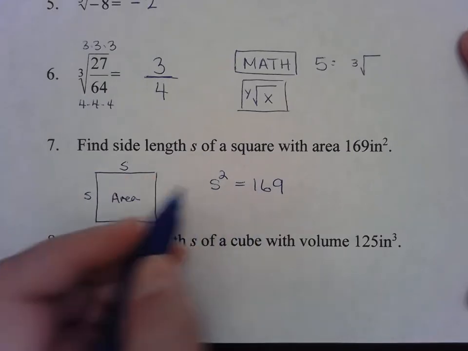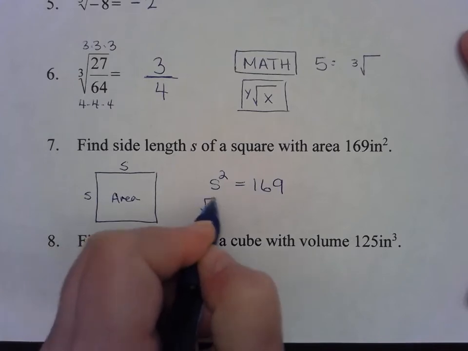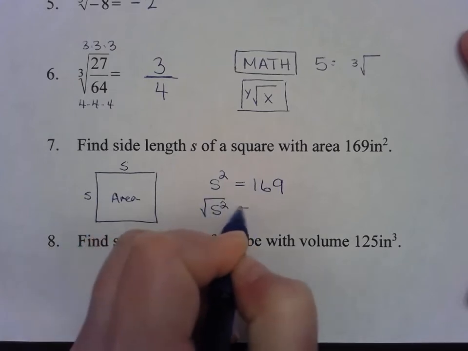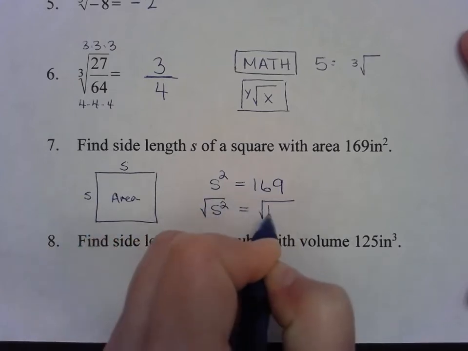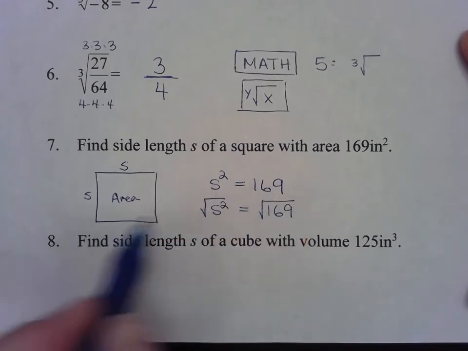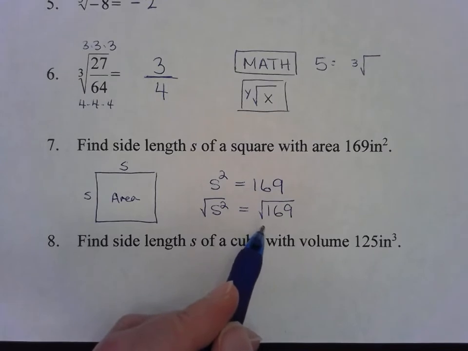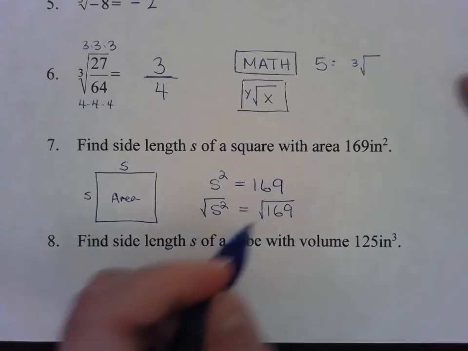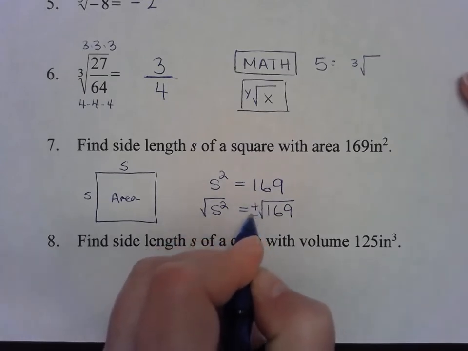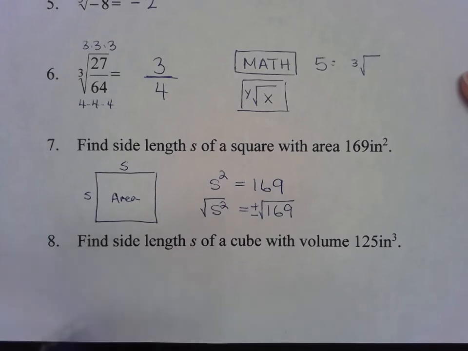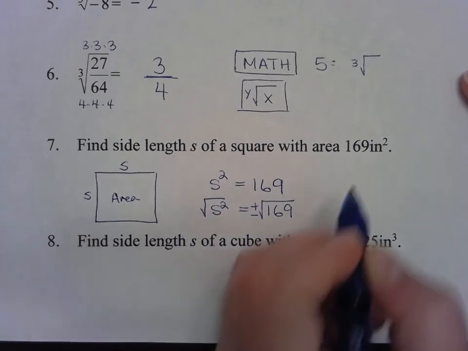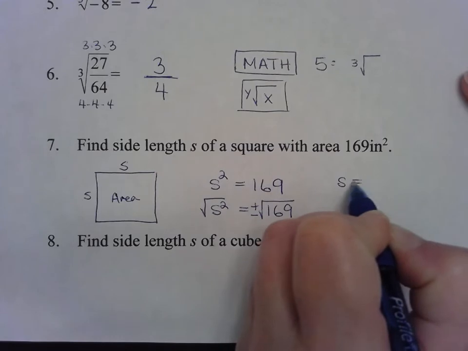Eventually, we're going to take the square root of both sides, and normally I would put a plus or minus here, which is where those two possibilities come from. The square root of s squared is just s.